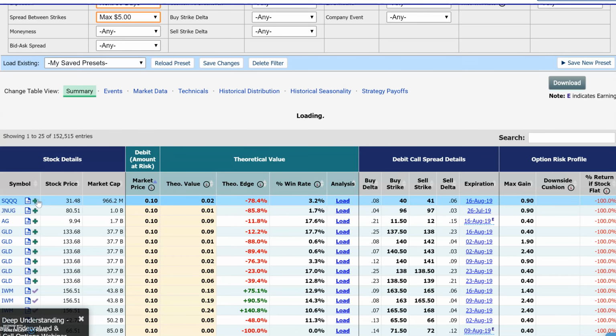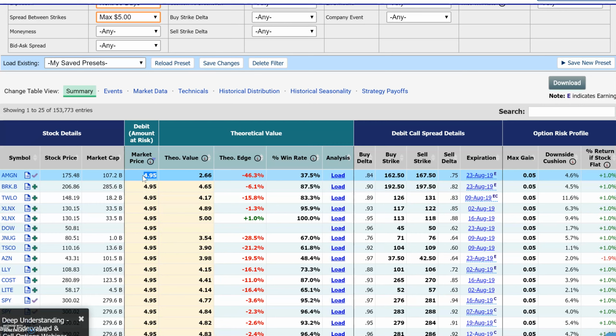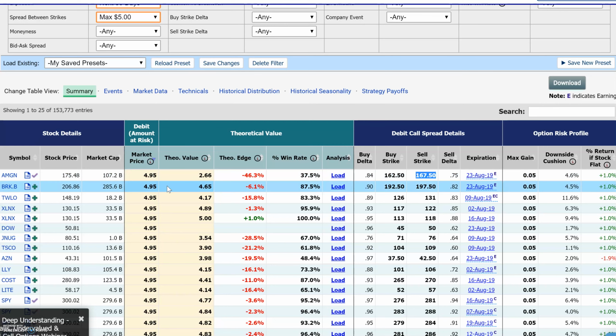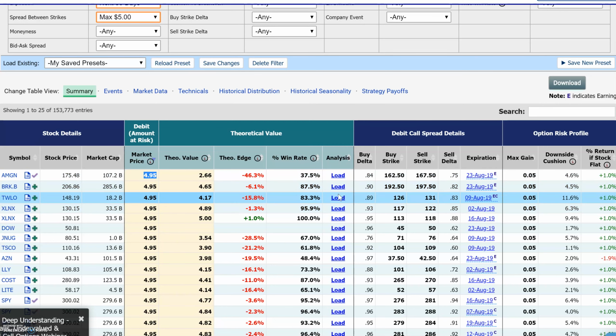Over here, this is the current market price of this debit call spread or bullish call spread. The expiration is August 23rd. The long strike would be 162.5, the short strike 167.5, and that would be the market price of that.